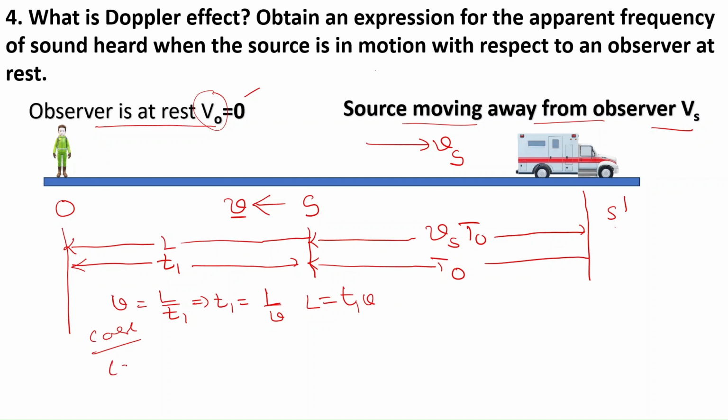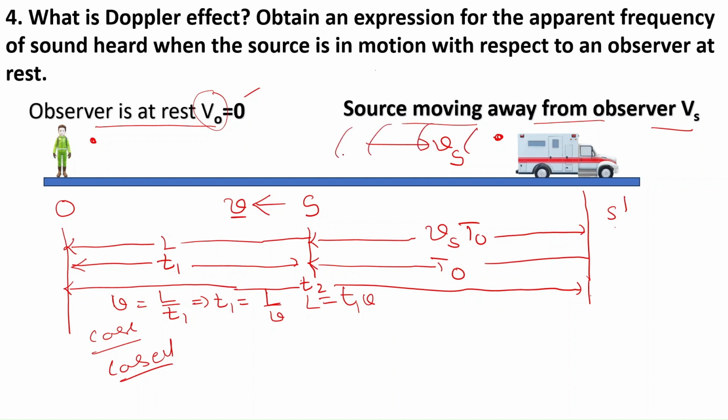Now coming to case 2, from the observer, the ambulance frequency, that means t2, the time taken to listen. From the ambulance to the observer, the sound is heard in the time t2.